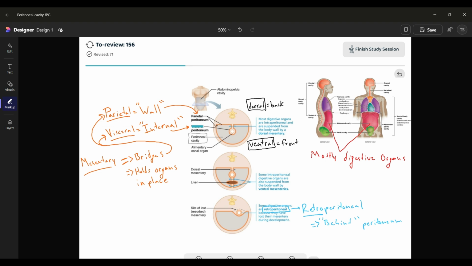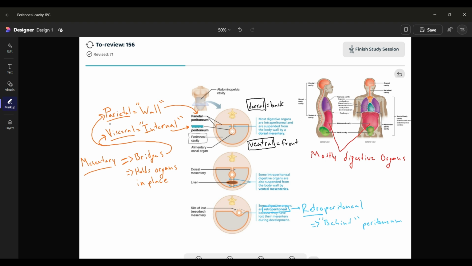And outlining it, we have this peritoneum, which is basically the lining. You can think of it as like the wall, I guess, of this cavity. And then within it, you have your organs, and there's some fluid in there too, just to keep everything comfortable. There are two different types of peritoneum that you'll need to know.